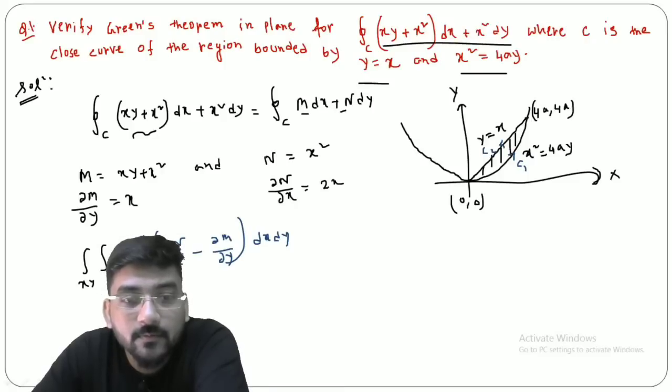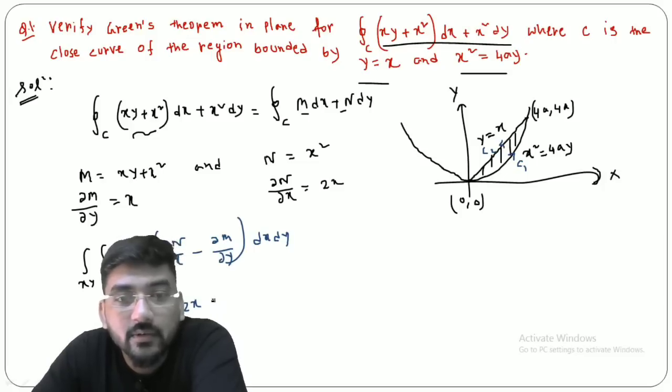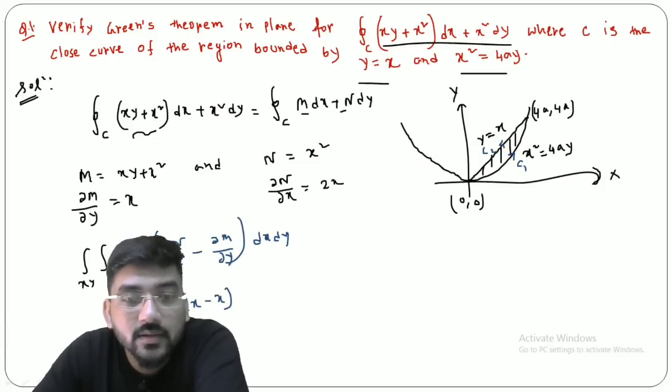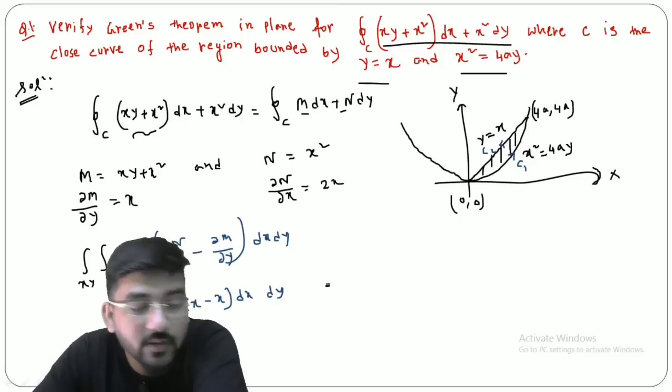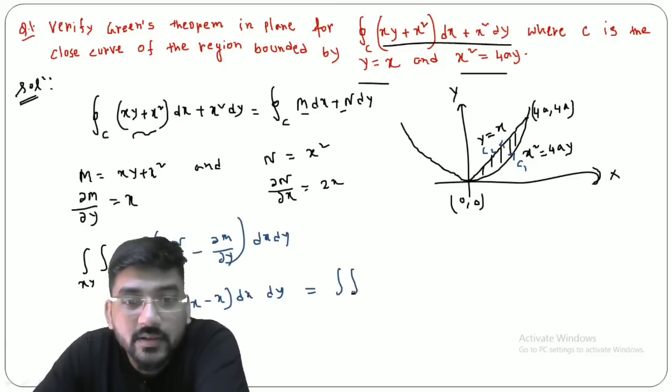Now let me put it. So we have del N del x is nothing but 2x, and del M del y is x. So 2x minus x into dx dy. That means x into dx dy. So we have just the integration of x dx dy.